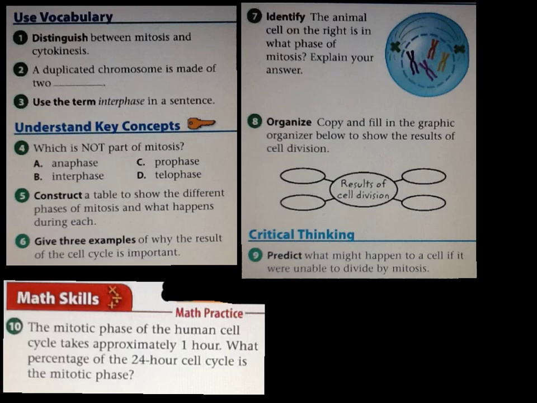Okay, so now you've come to the review section at the end of this lesson. I want you to answer the questions on the page. You do not have to write the question for this one, or this one. You do have to write the question for this one and only the answer that pertains to it.